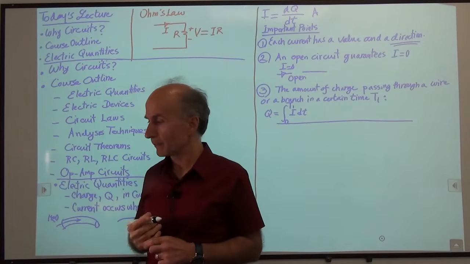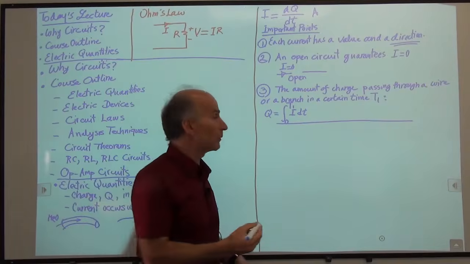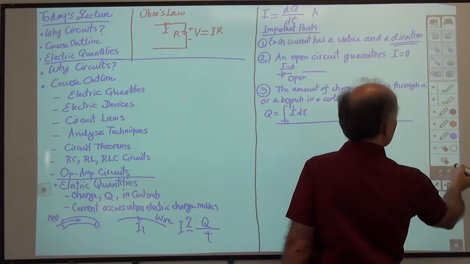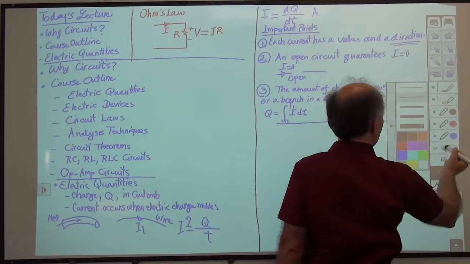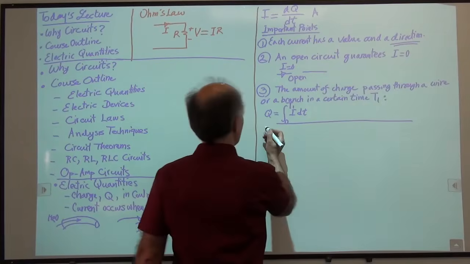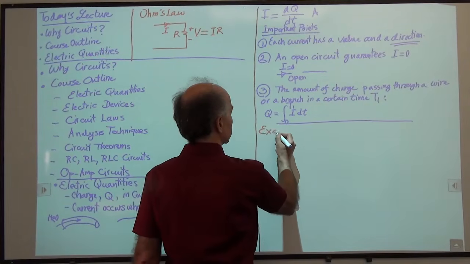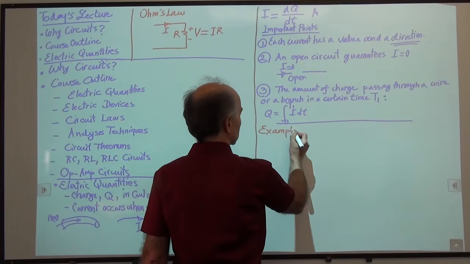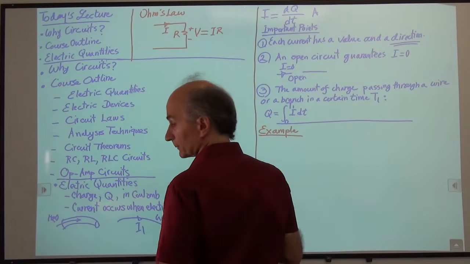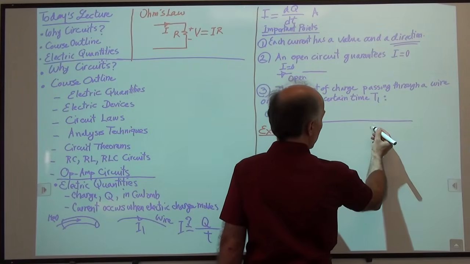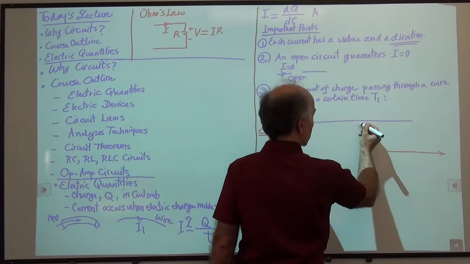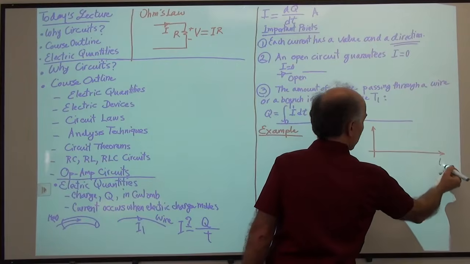Okay, let's go over some examples to just drive these concepts home. So we're going to start with this example here. All right, so the example I have looks like this. We have measured the current through a resistor to be like this, I as a function of time.